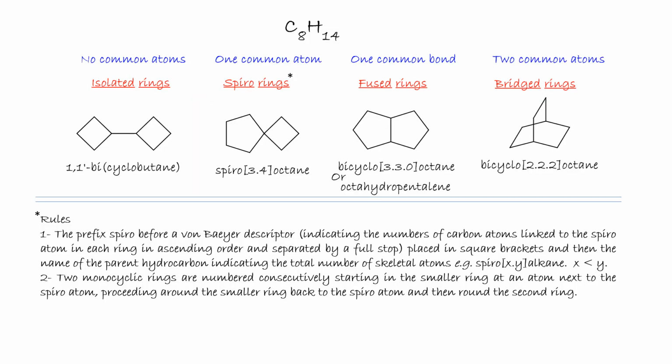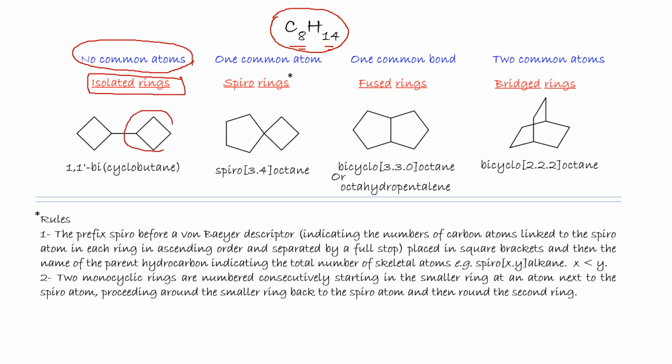For cycloalkanes, to draw the constitutional isomers, like the one with C8H14, we can draw cyclic rings with no common atoms, and we call these isolated rings.